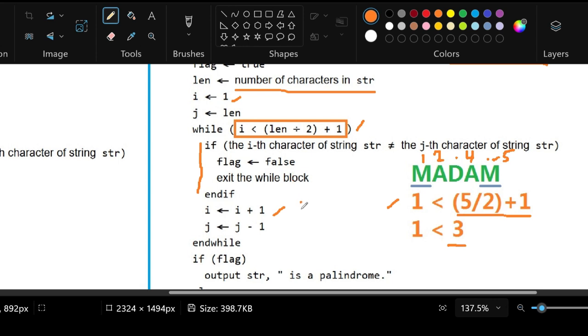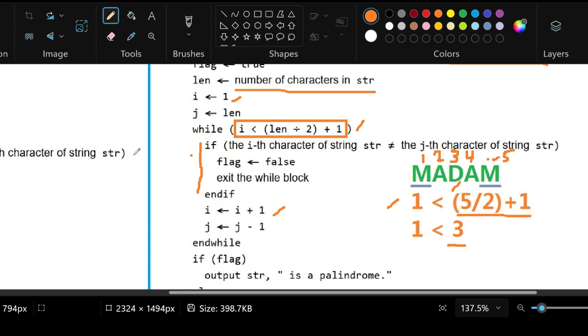Next, we need to do the addition again to the current i, so that we are now at D, and the current i's value is 3, and j, from 4, 4 minus 1 gives us 3 as well, so we are now in this letter. And when we go back to the while loop, the condition is telling us that if the current i is at 3 and we do len divided by 2 plus 1, we get 3, and 3 less than 3 is not right, which is false.